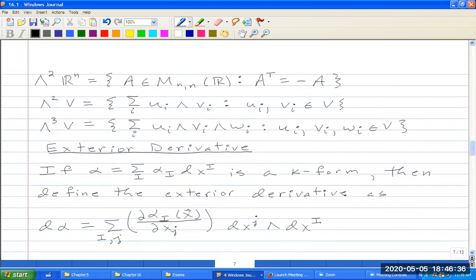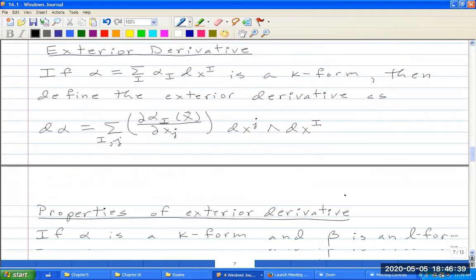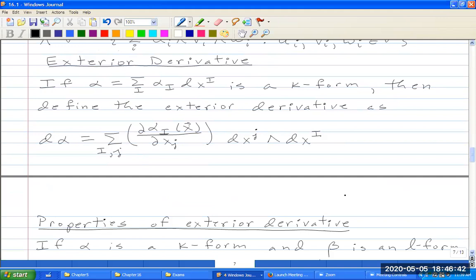The exterior derivative is defined as follows. If alpha is equal to the sum over I of alpha_I dx_I, some k-form, then I'll define the exterior derivative, so it'll be a k plus 1 form, as d alpha is equal to the sum over I and j.